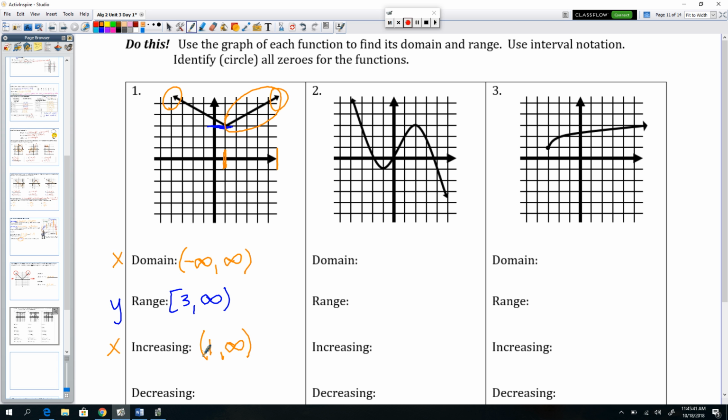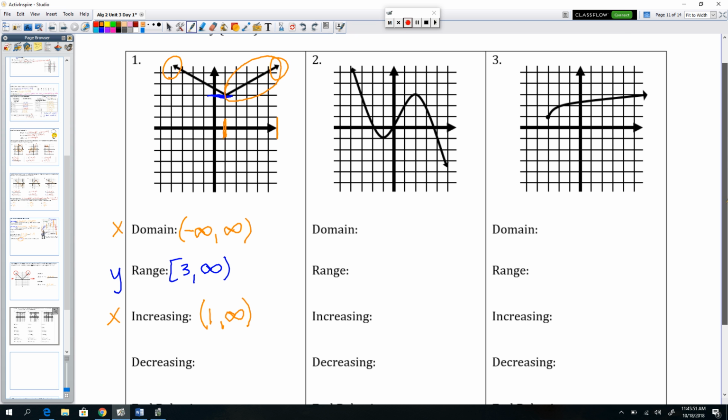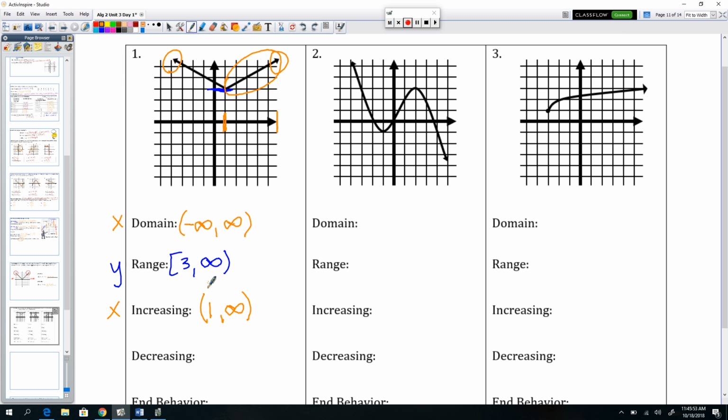You will use soft brackets for increasing and decreasing all the time. There are no hard brackets for increasing and decreasing. If you'd like to know why, you'll learn that in calculus, or you can ask your teacher as a sidebar. We're not going to get into it now, but increasing and decreasing always have soft brackets. So the interval of increasing is between 1 and infinity.